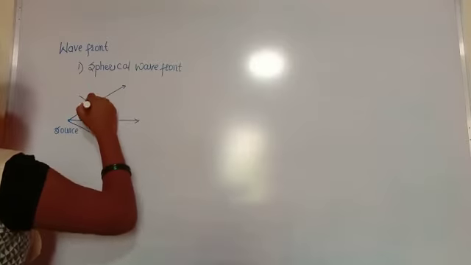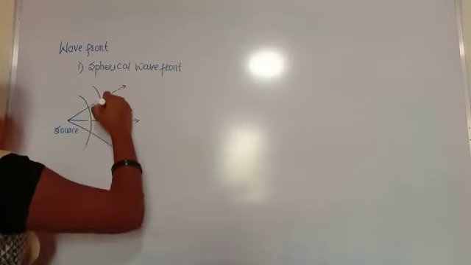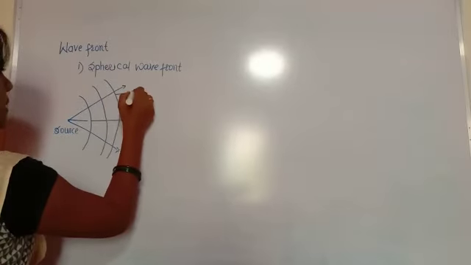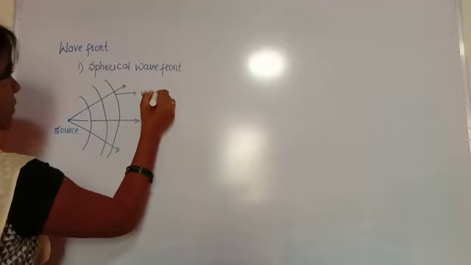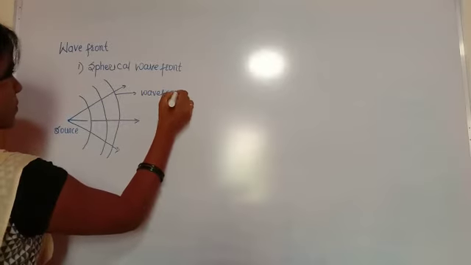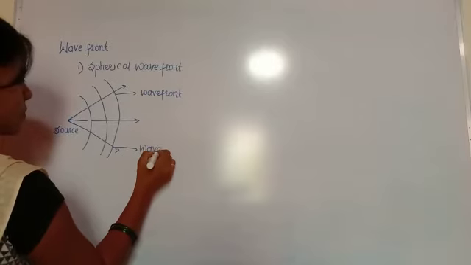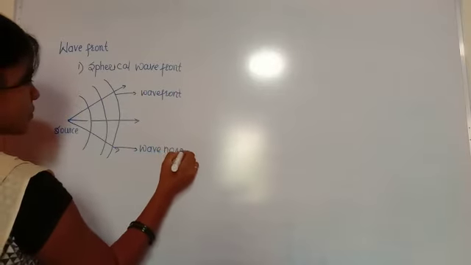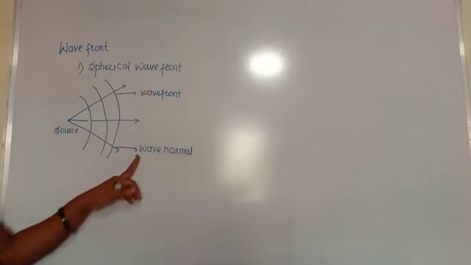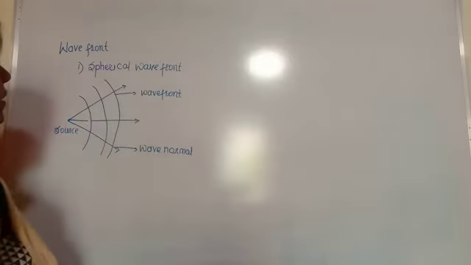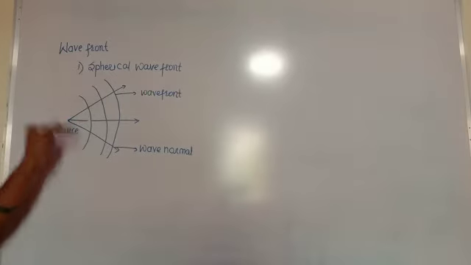So this is the spherical wavefront, this is the wavefront, and this arrow is known as the wave normal. The definition of wave normal we will see shortly. So this is the diagram of the spherical wavefront.